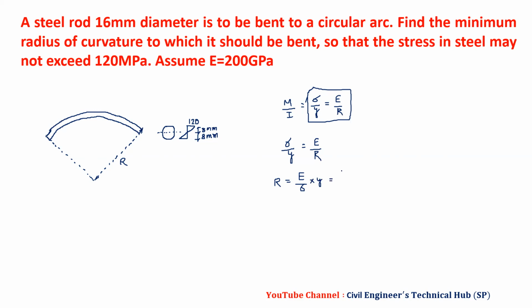E is given 200 into 10 raised to 3, y is 8, upon maximum bending stress given, 120. Calculating this value, we get R equal to 13.33 into 10 raised to 3 millimeter.